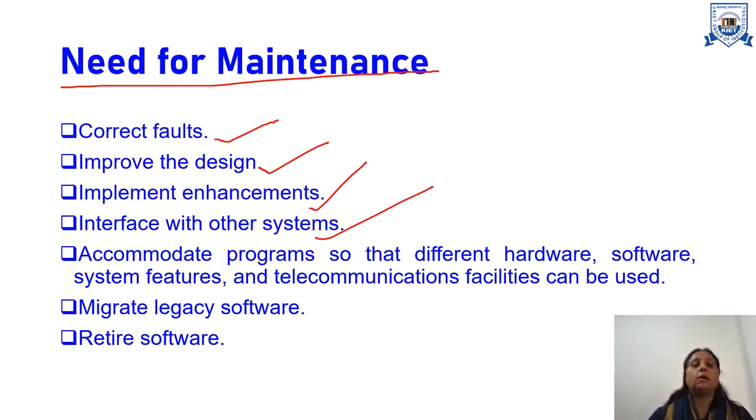Interface with other systems. For example, initially I have developed one part of the system. After that, in our organization, some new working area is added. In that case, I want the software for that particular part also.